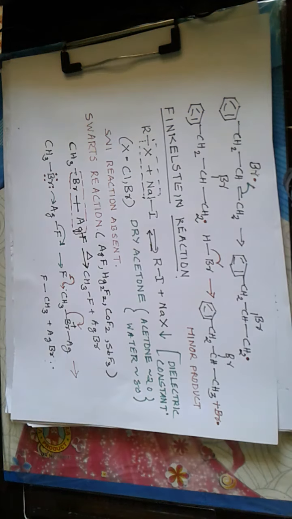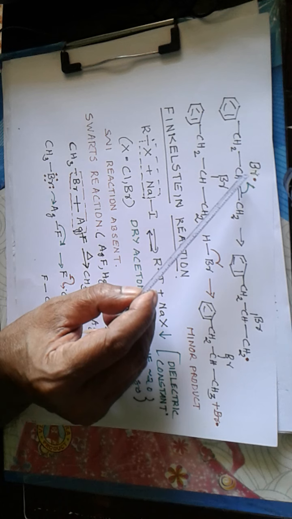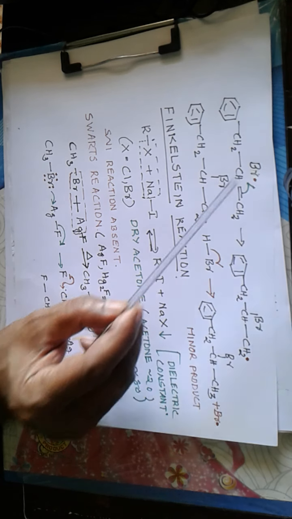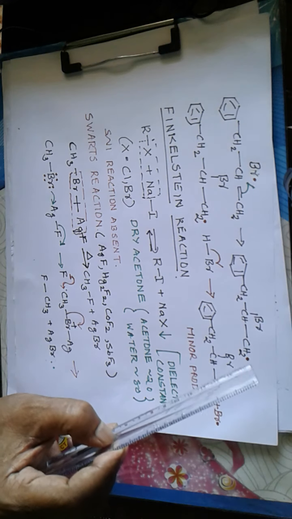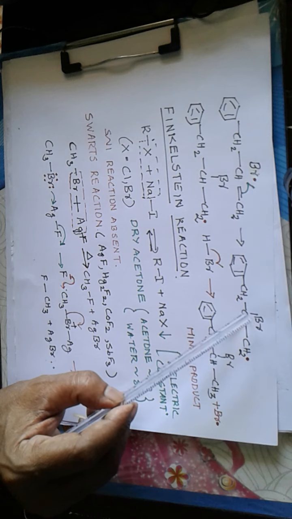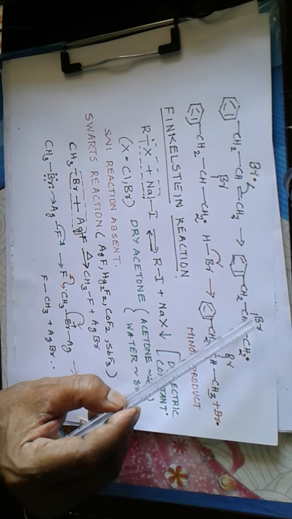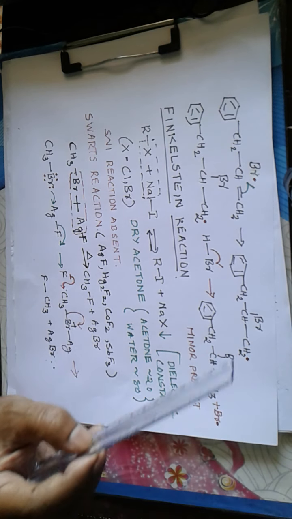Suppose the homolysis is occurring in the opposite direction, and the Br radical gets connected here. We get a primary radical which is less stable, and there is only one hyperconjugation canonical structure possible for this one, because there is only one C-H bond adjacent to this carbon.